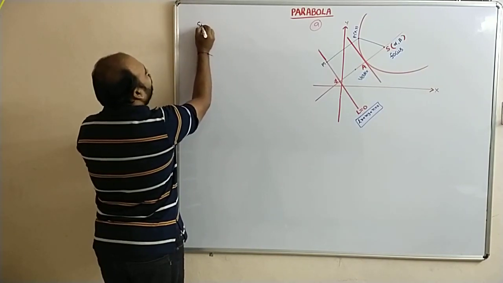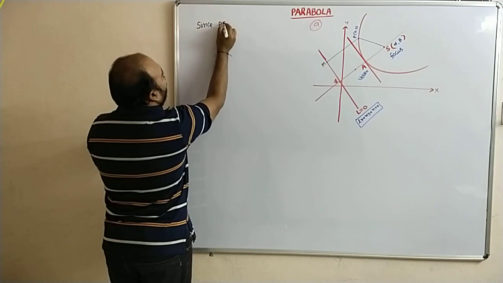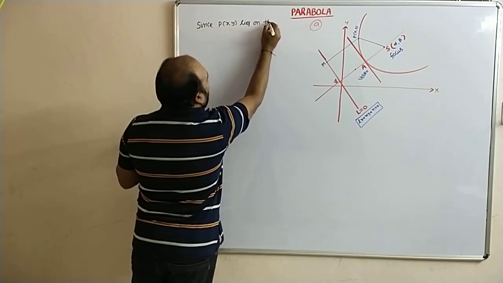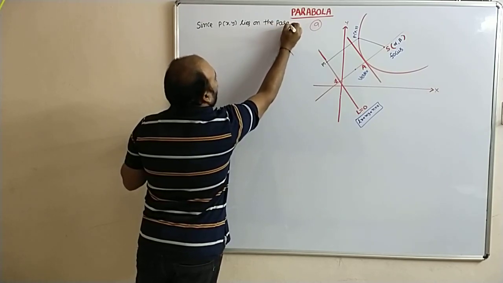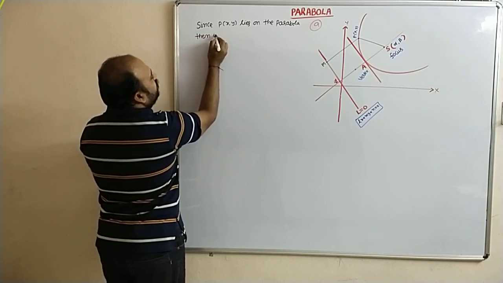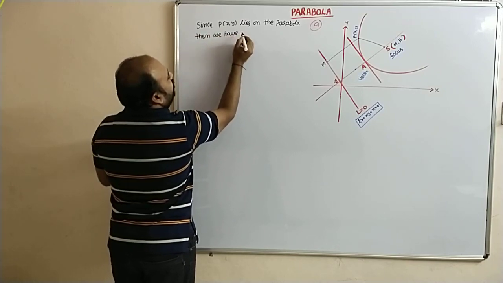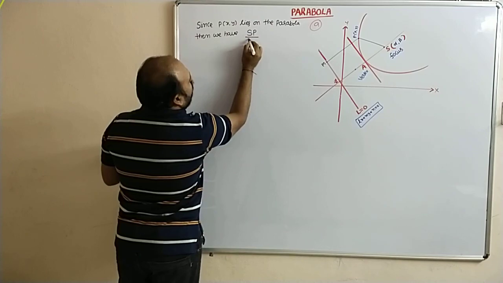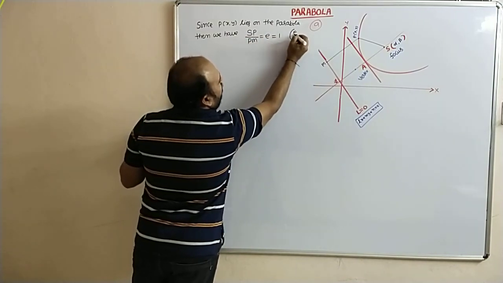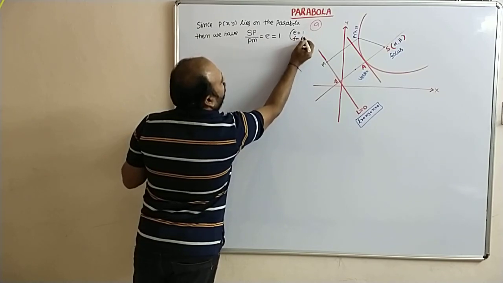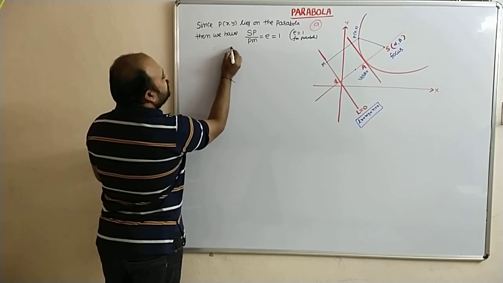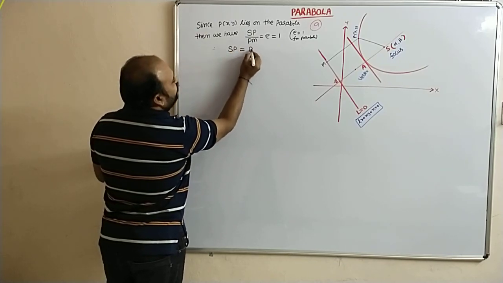Since P of x comma y lies on the parabola, then we have SP by PM equal to E. For the parabola, E is equal to 1. So therefore it will become SP equal to PM.